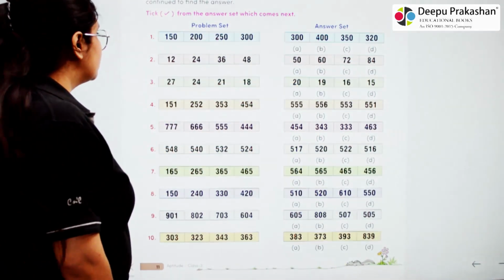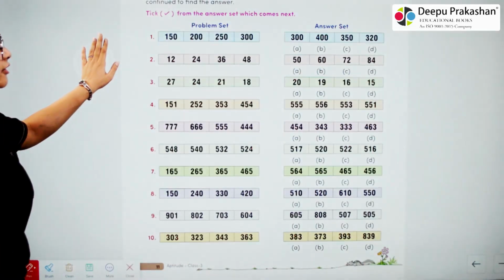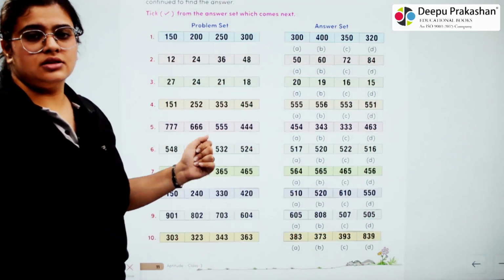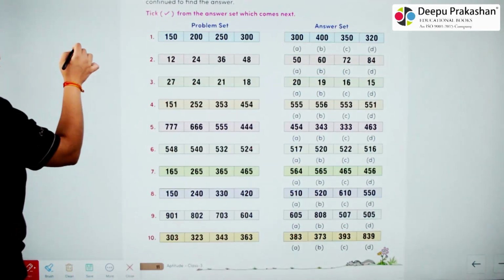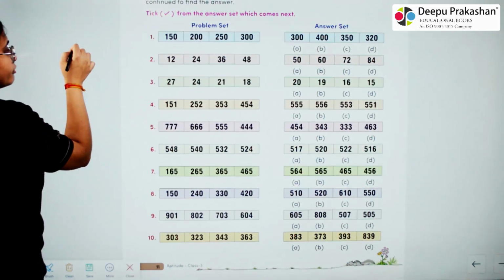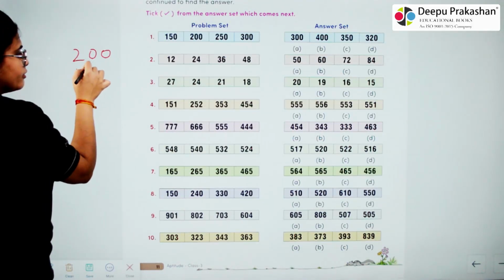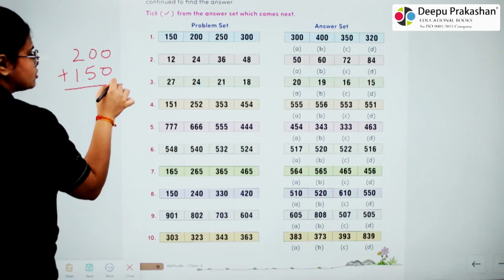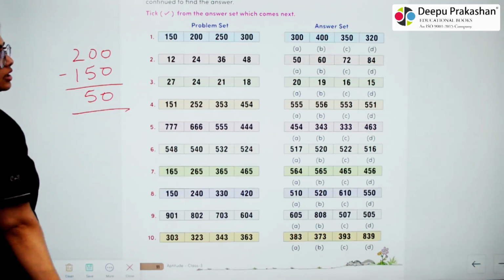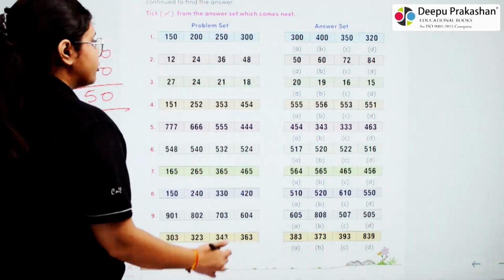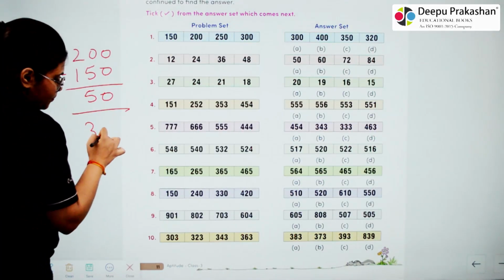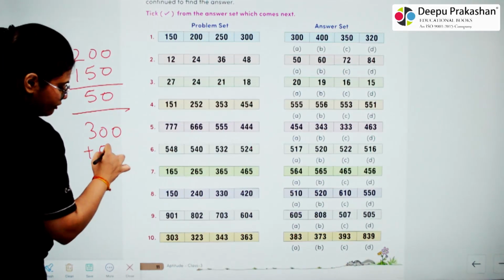Okay. First one. We are given 150, 200, 250, 300. That means if we subtract the first number from the second one, we get a difference of 50 in each.